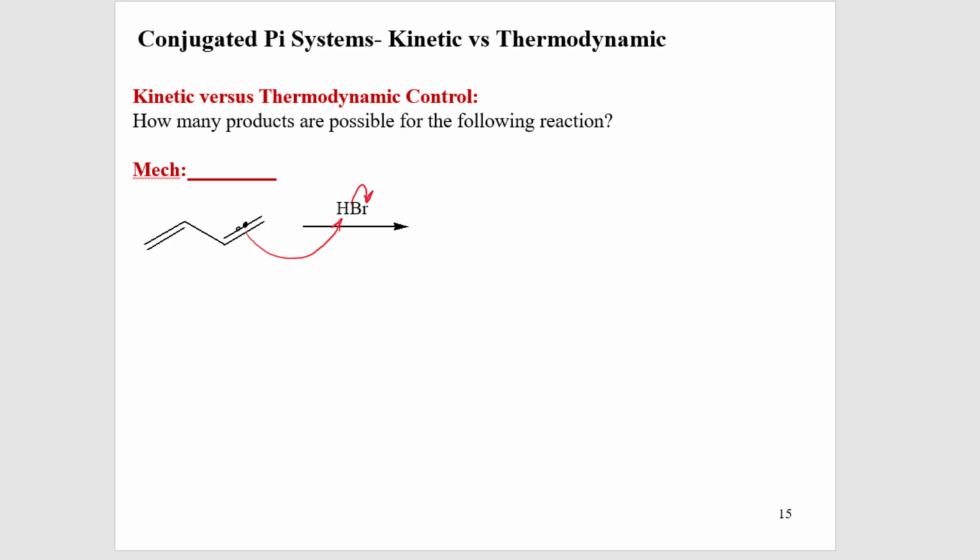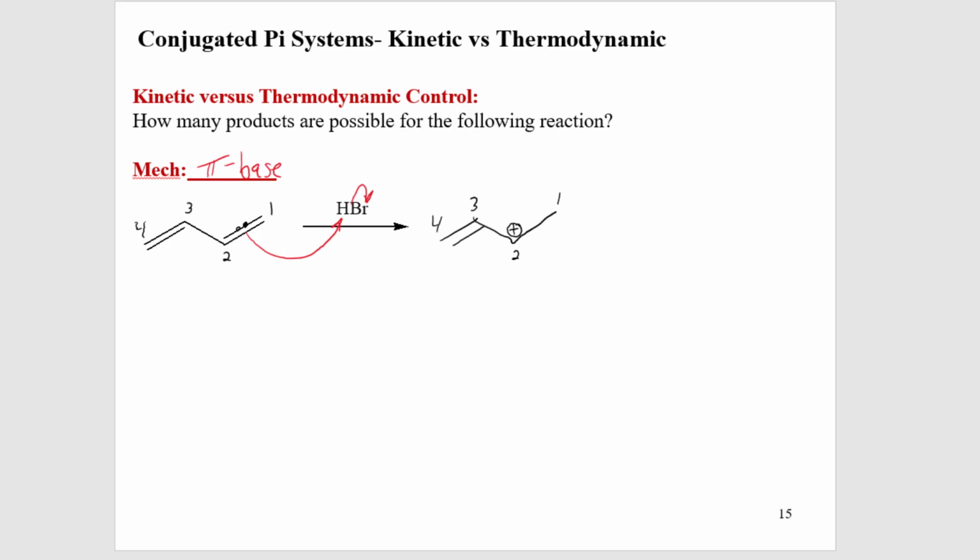The mechanism, pi base. And you guys have gotten really good at telling me, 1, 2, 3, and 4. The hydrogen's going to go on 1 because you guys have been very good at telling me that the carbocation would much rather be at the more substituted position.